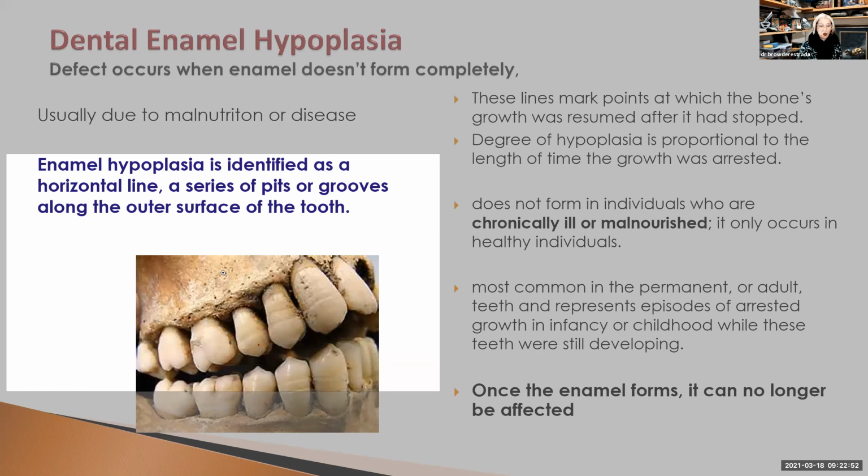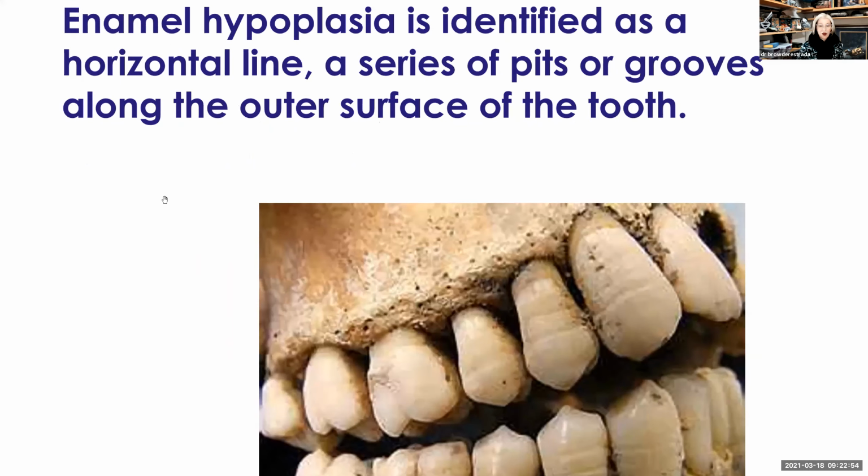So enamel hypoplasia here is identifiable, where we can see a series of lines, these indents along here. These are interruptions that happened not when the teeth were outside and showing, but while the teeth were growing up in the jaws.